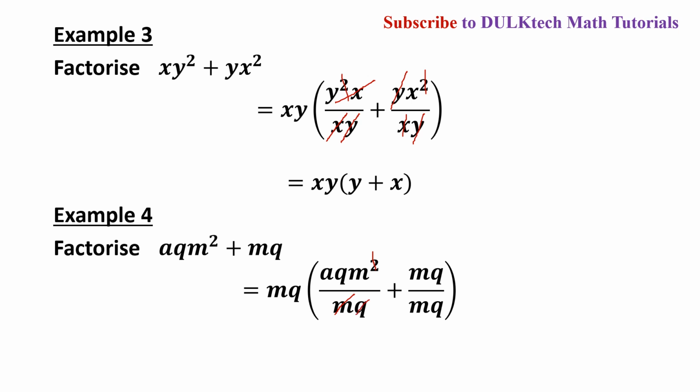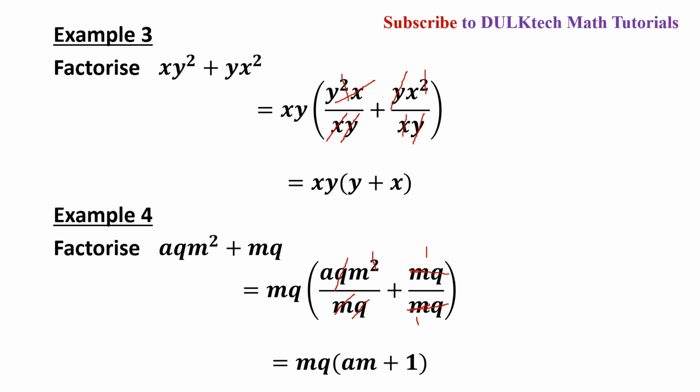This q will cancel with this q. Then mq into mq is 1, so we remain with the 1. So our final answer will be mq factor of am plus 1.